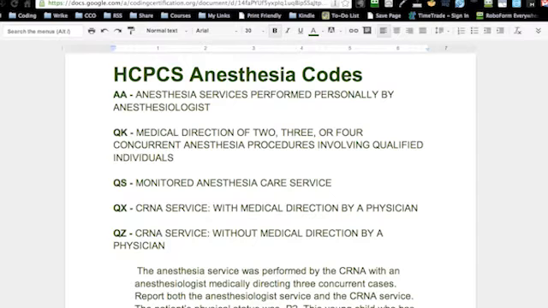Now, there are some procedures where it's required that the CRNA has the anesthesiologist in the building. He doesn't necessarily have to be right there while the CRNA is doing the procedure, but he has to be on call in the building. Then there are procedures that the CRNA can do on their own.